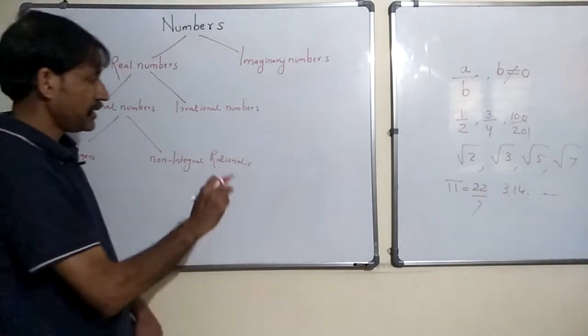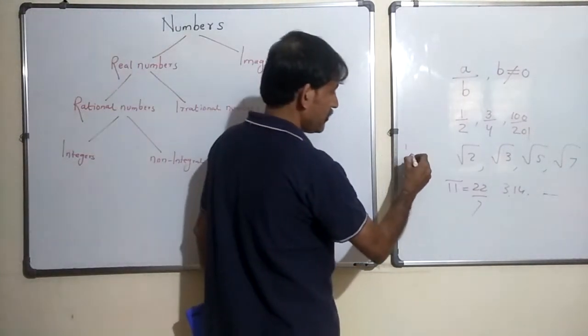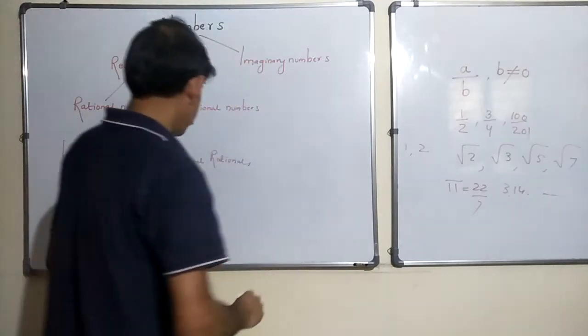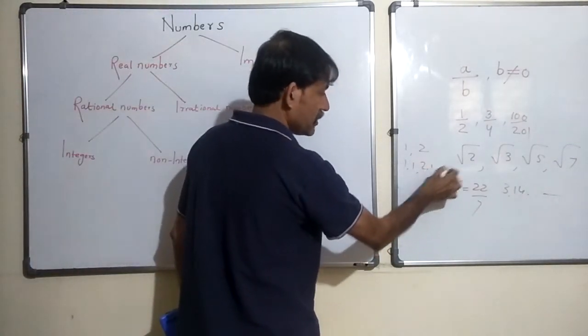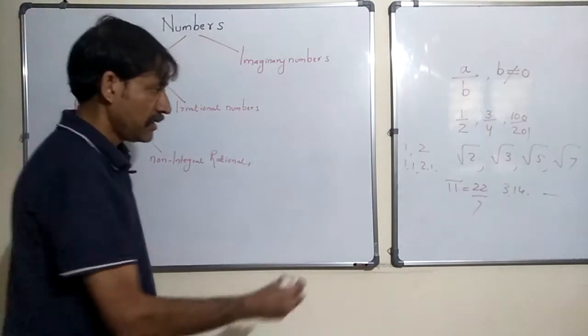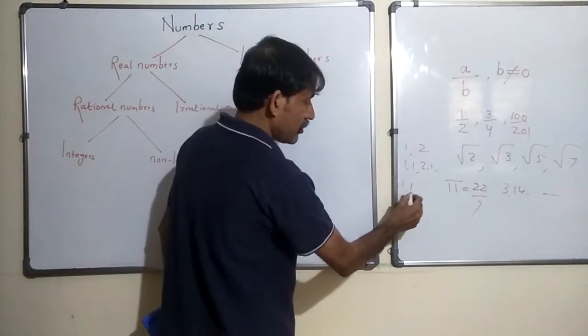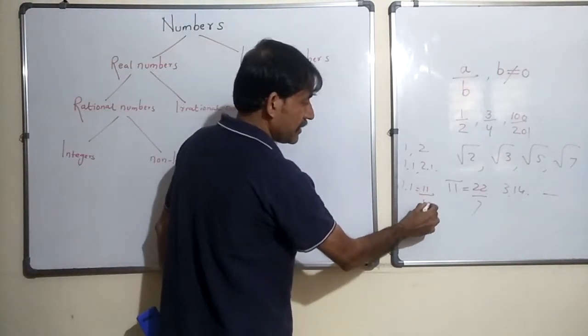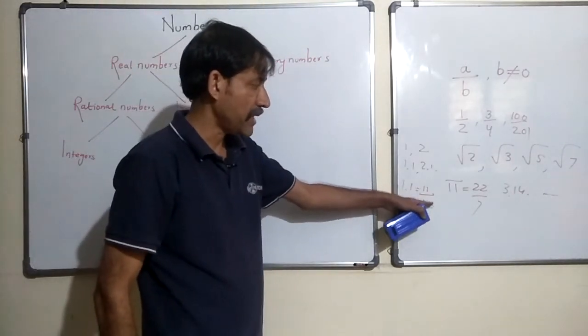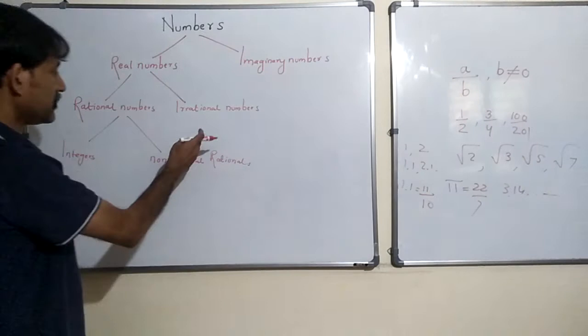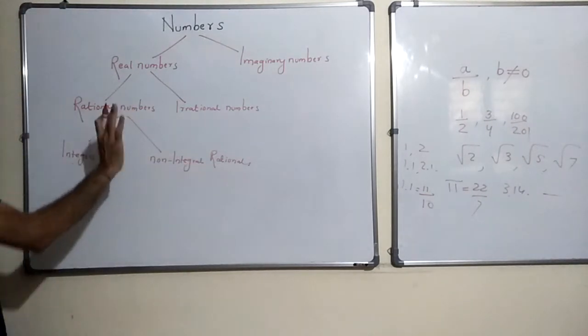For example, an integer can be 1, 2 and non-integral rationals can be 1.1 and 2.1 and so forth. 1.1 I can also write as 11 by 10, which is of the form a by b. That's what qualifies it to become a rational number.